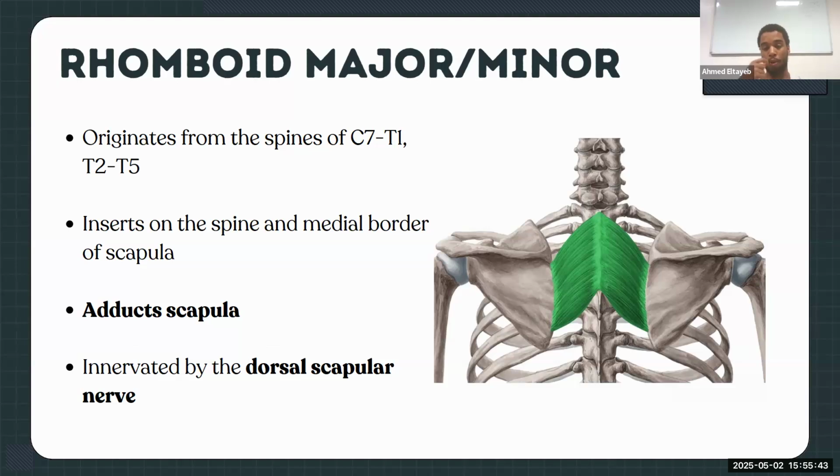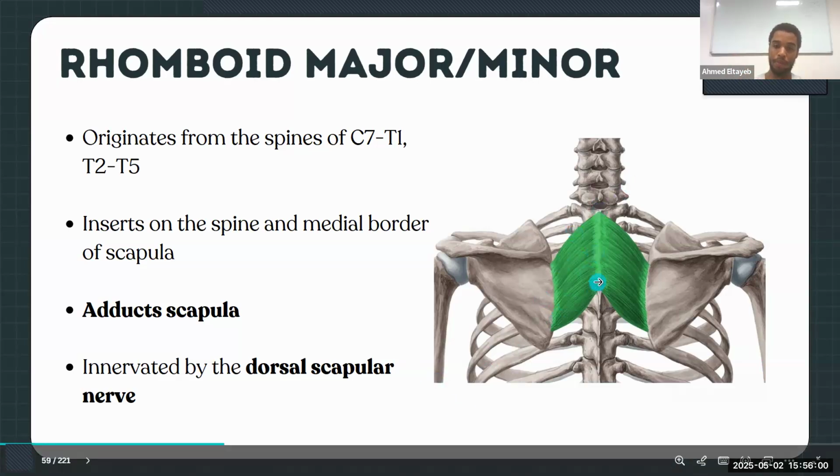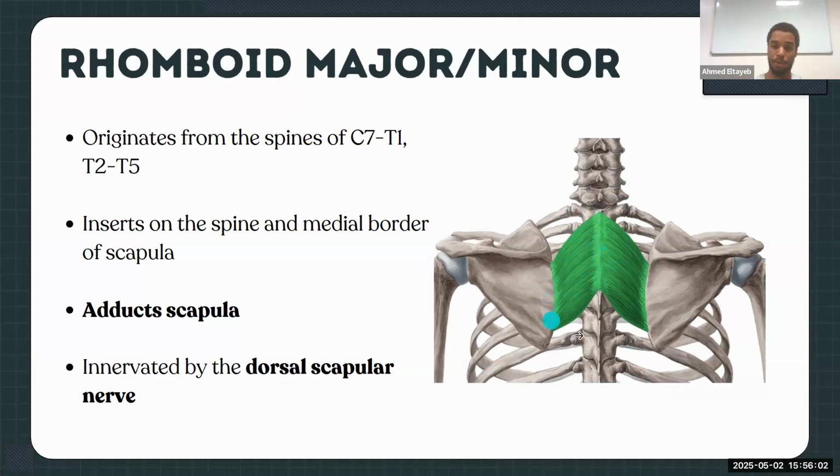Now we have rhomboid major, rhomboid minor. Now the difference between rhomboid major and minor is their location. Typically for any muscle in the body, minor is above major. I'm not sure why minor is always above. But anyways, rhomboid minor sits above rhomboid major. But rhomboid major is fatter than rhomboid minor. So rhomboid minor originates from C7 to T1, and rhomboid major originates from T2 to T5.